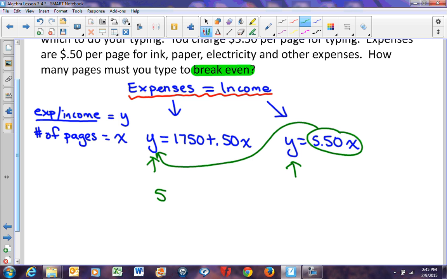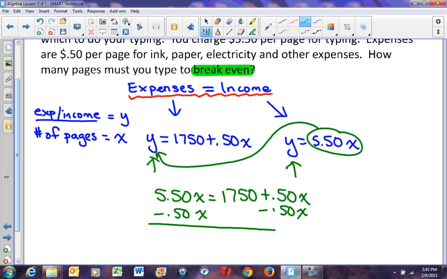So I have 5.50x equals 1750 plus 0.50x. Now to solve for x, I'm going to subtract 50 cents over here, subtract 50 cents over here, I now have 5x equals 1750.